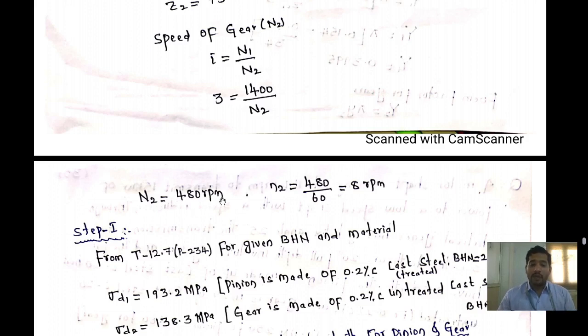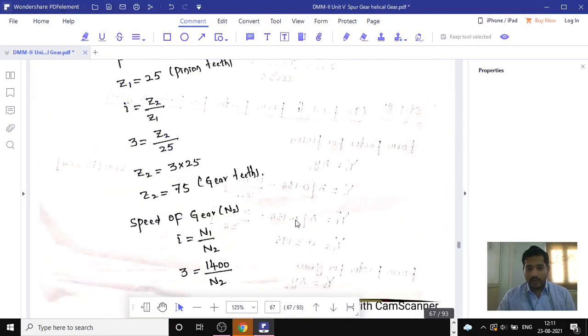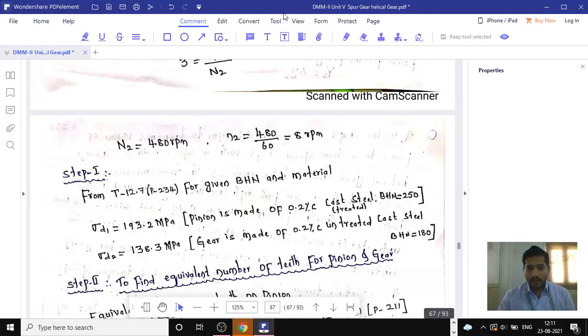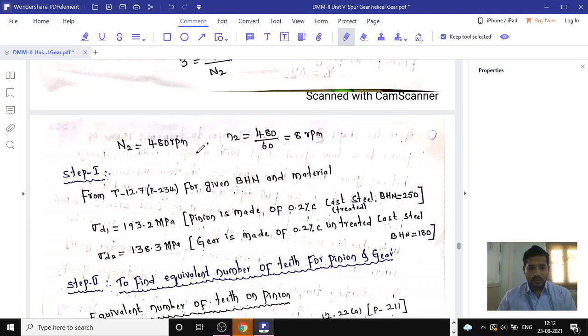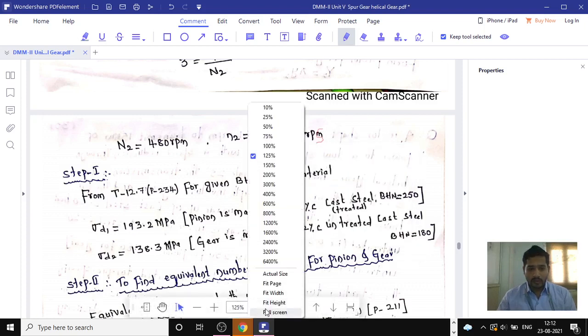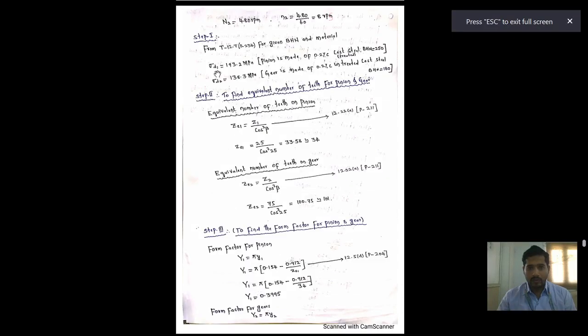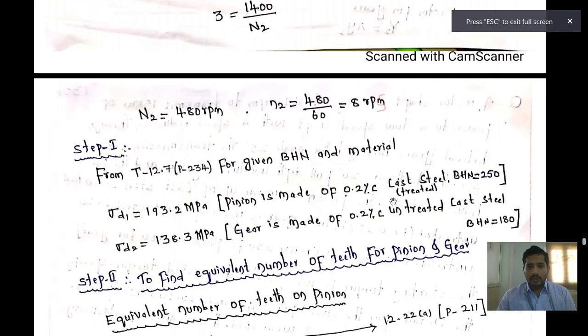To convert minutes to seconds, divide by 60: 480 by 60, then you will get rps.